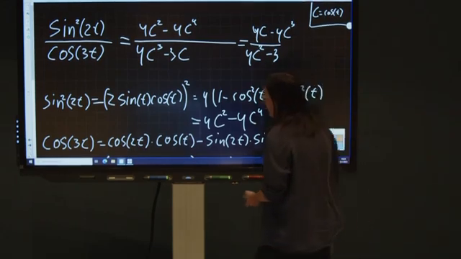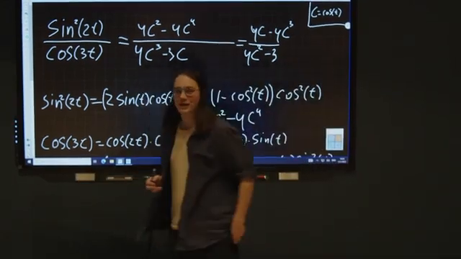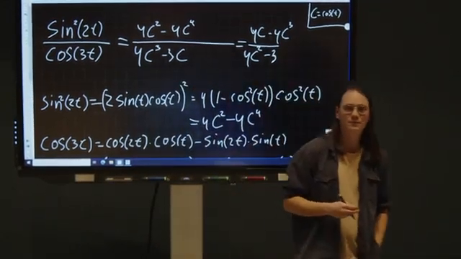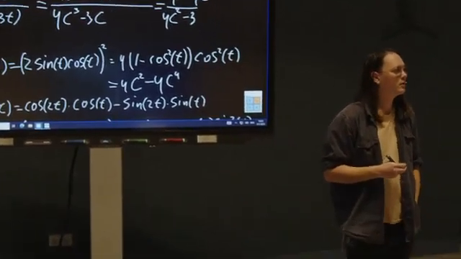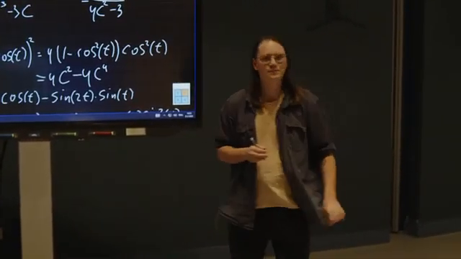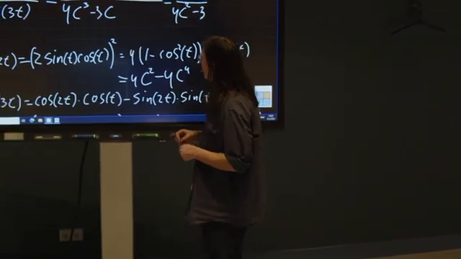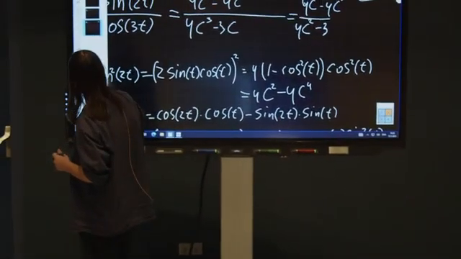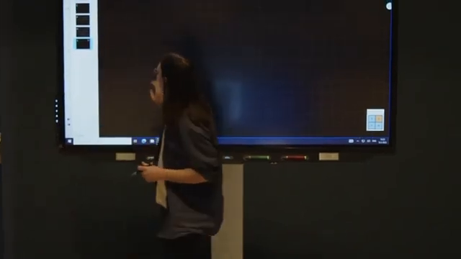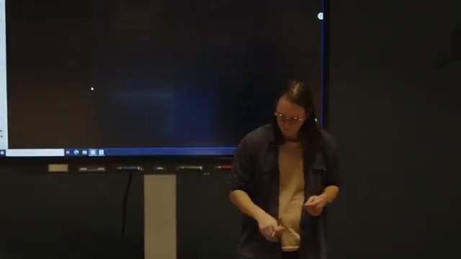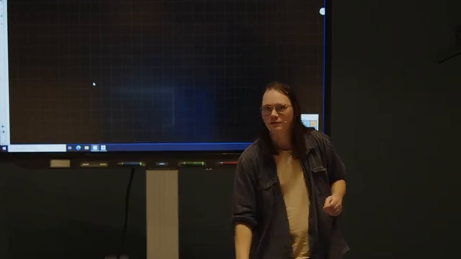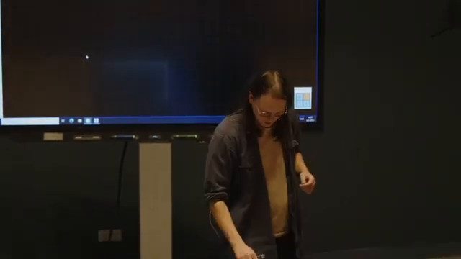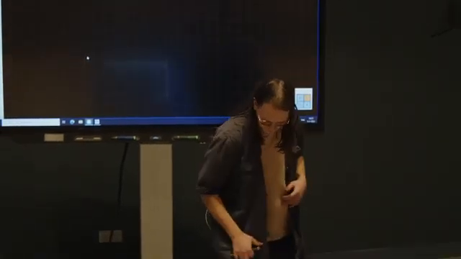So that simplification will only hold when c is non-zero. All right. Unless there are more questions, let's move on to the next one.